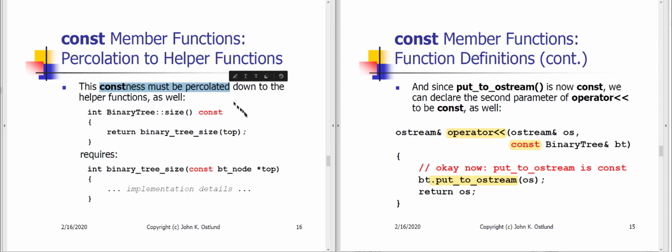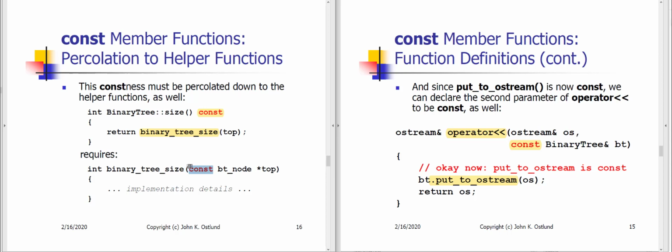Now, this constness of these various functions has to be percolated all the way down to the lowest levels of your implementation of the binary tree, including all of the helper functions. So if we have specified that the binary tree size member function is const, that means that the size member function is only able to call functions that promise not to change the tree. And since the size member function calls this binary tree size helper function, we will have to ensure that the binary tree size helper function takes a pointer to a BT node const as its parameter type.